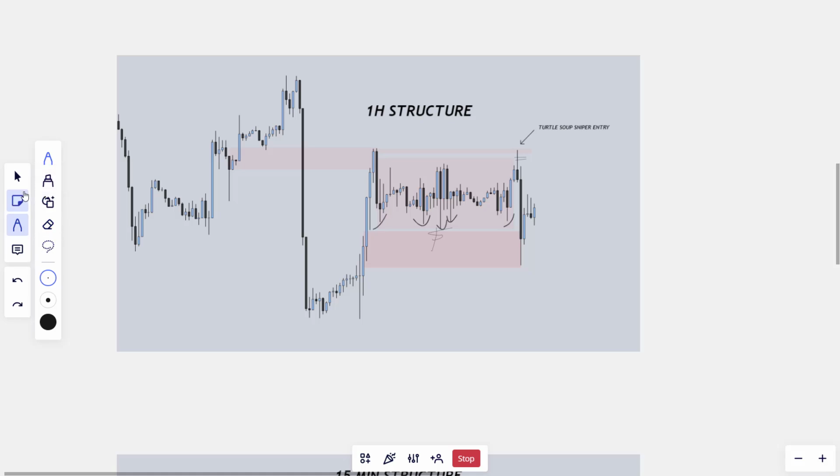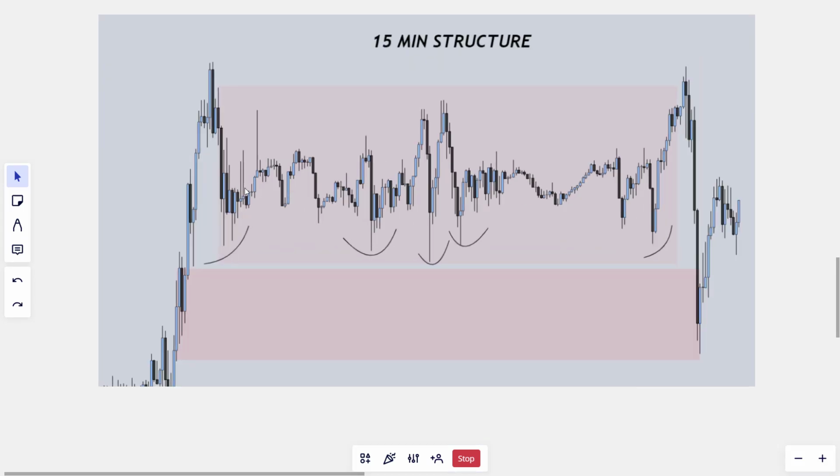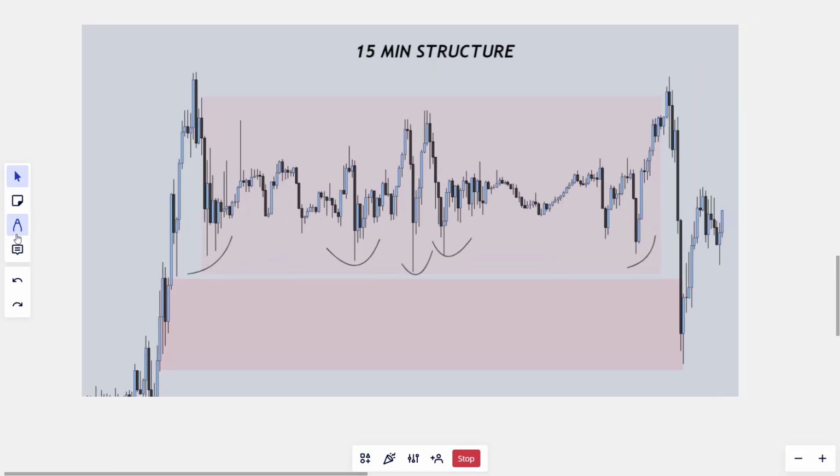Now let's scale down to the 15-minute structure just so we can see more price action. And now as you can see on the 15 minutes, these were all the old lows that I was looking to get purged. Boom. And then we have this zone right here that I was looking at, boom, for price to give me a sudden reaction to push price higher to then clear.